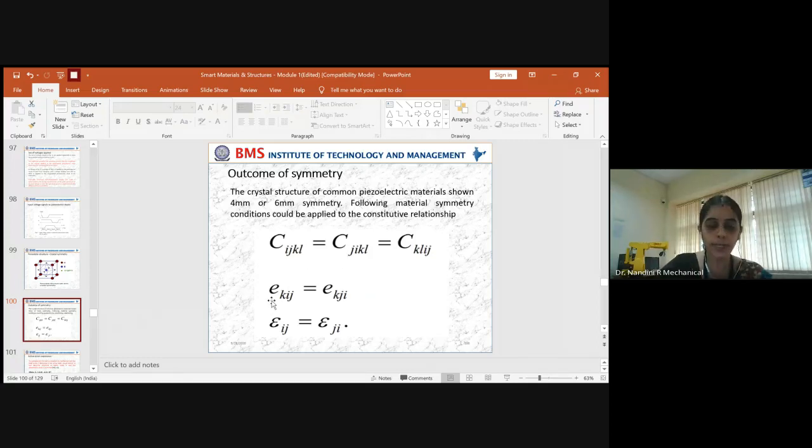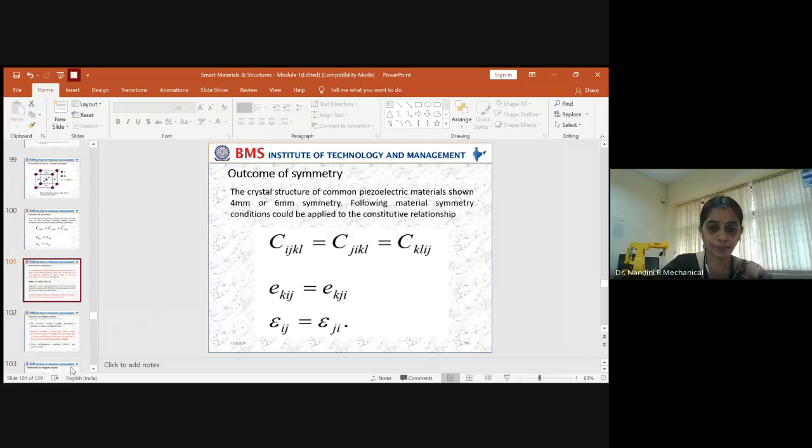Similarly, the piezoelectric strain constant and piezoelectric stress constant will be the same across 3 planes I, J and K. And similarly, the relative permittivity or the dielectric constant will be the same across 2 planes I and J. These are the similar values you get when the crystal symmetry is achieved for any type of piezoelectric element. This we had studied in our last class.